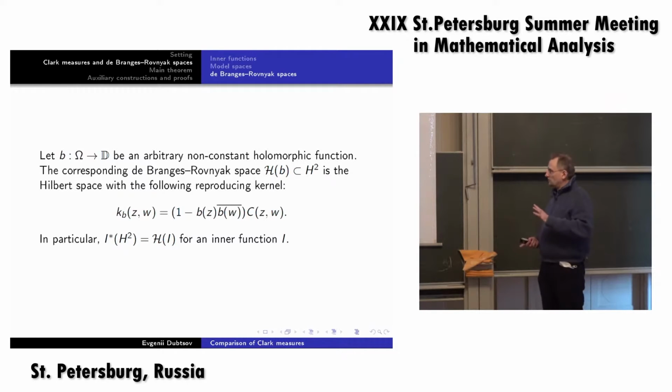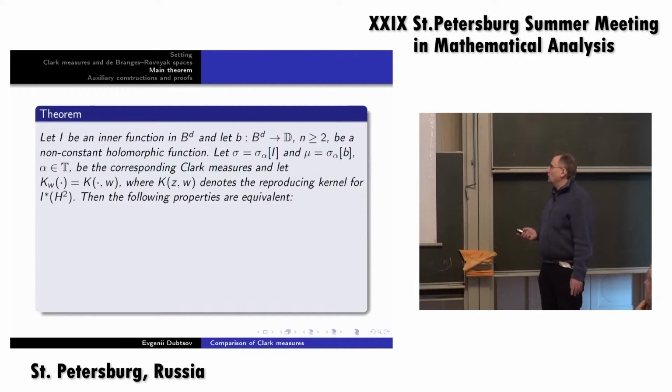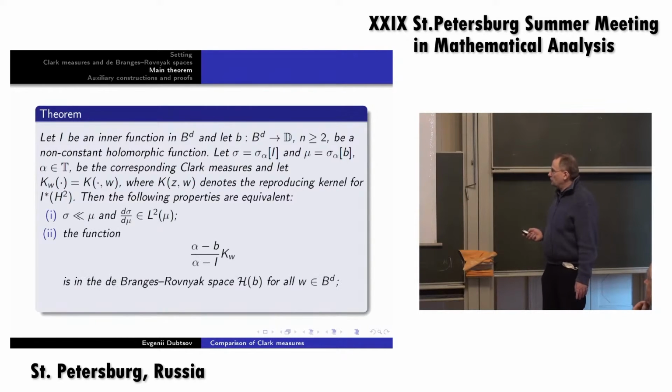And let us define this space just by its reproducing kernel. So the kernel is the same as for the inner function, but we replace I by this non-constant function b. Of course, if we have an inner function, then our de Branges-Rovnyak space is just this analog of the model space.